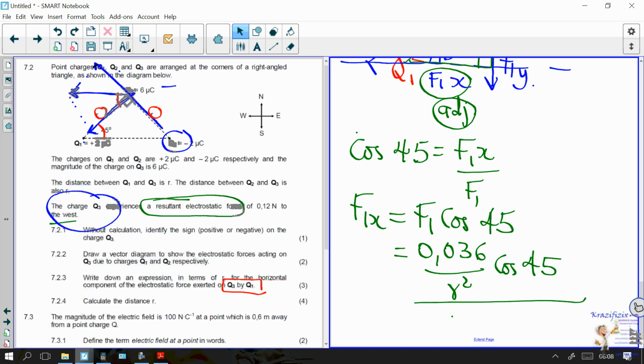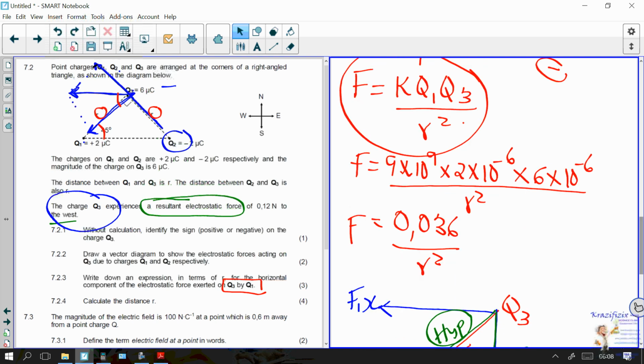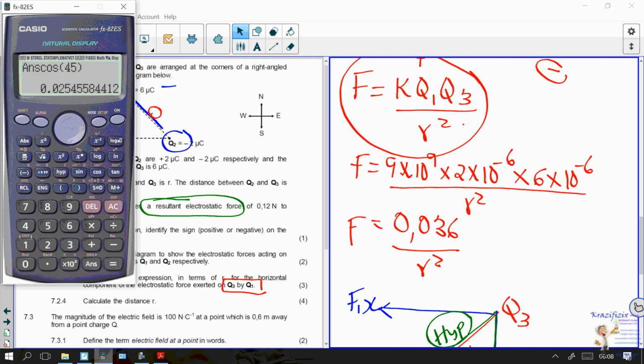Okay, so what is 0,036 cos 45? Let's go check that. Answer cos 45. What do we have? 0,025. Okay, let's just make sure that we go back and check all our calculations. Okay, we have 9 times 10 to the power 9 times 2, times 6 times 10 to the power negative 6.